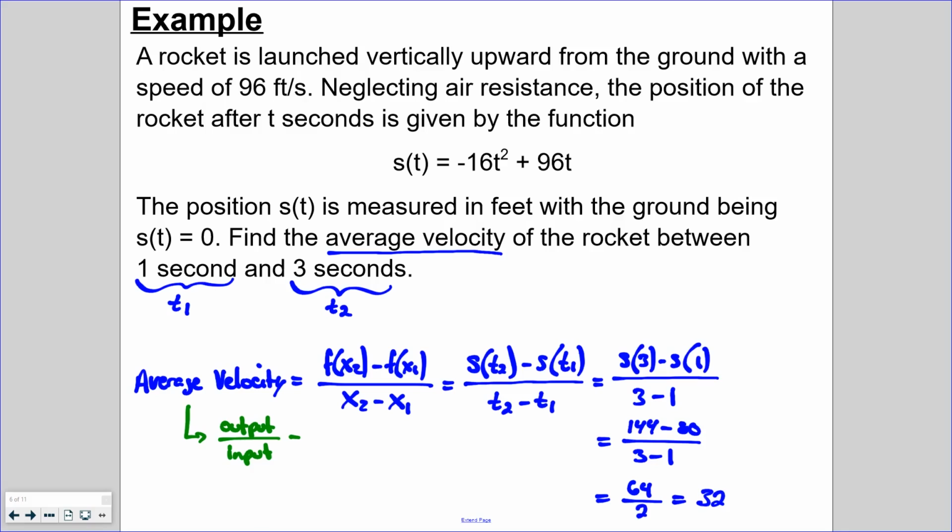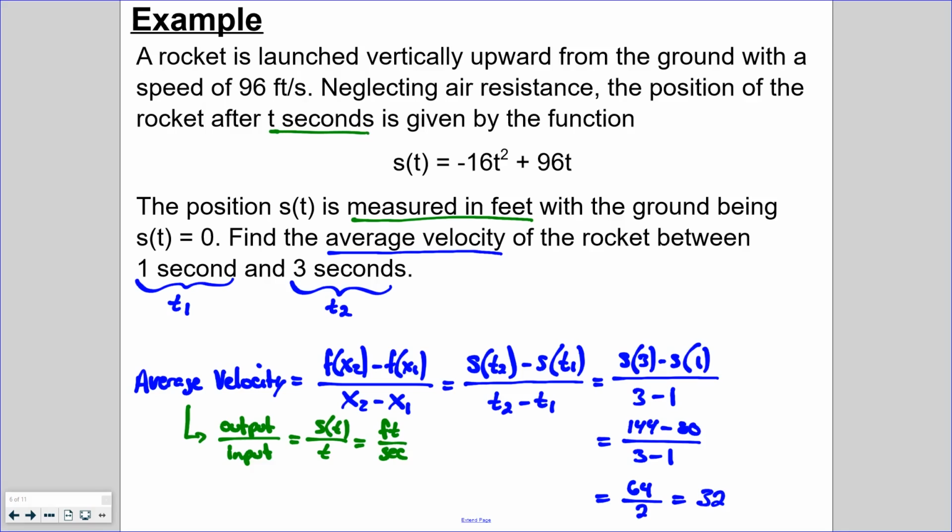In this particular case, the output is going to be s of t, and the input is going to be t. Well, our problem tells us that our s of t function is measured in feet. So therefore, s of t is going to be feet. And we know that the t is going to be measured in seconds because it's in t seconds.